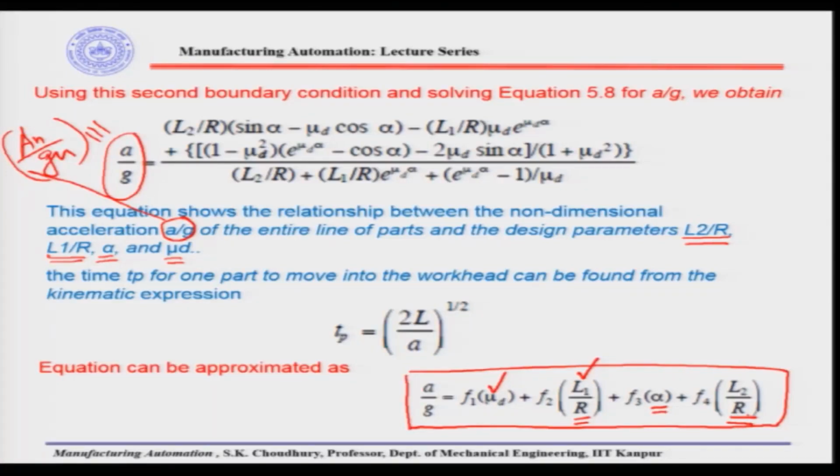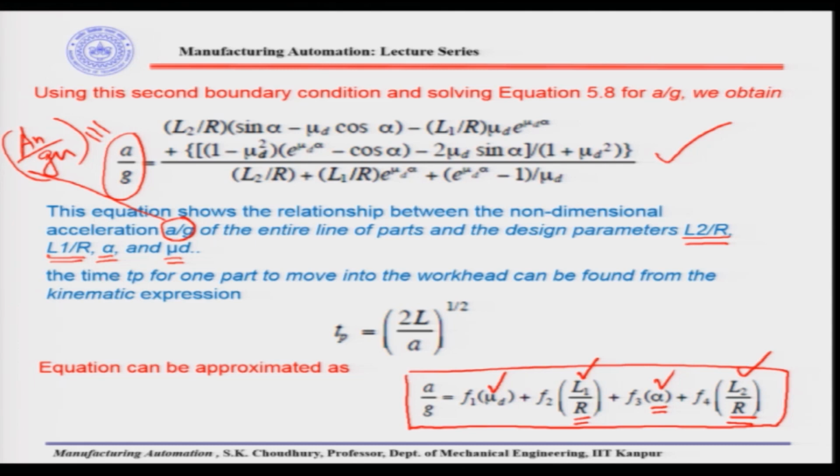So, these are the important design parameters, and when you are designing the track, you can find out what will be the An by Gn, that is the dimensionless normal track acceleration.